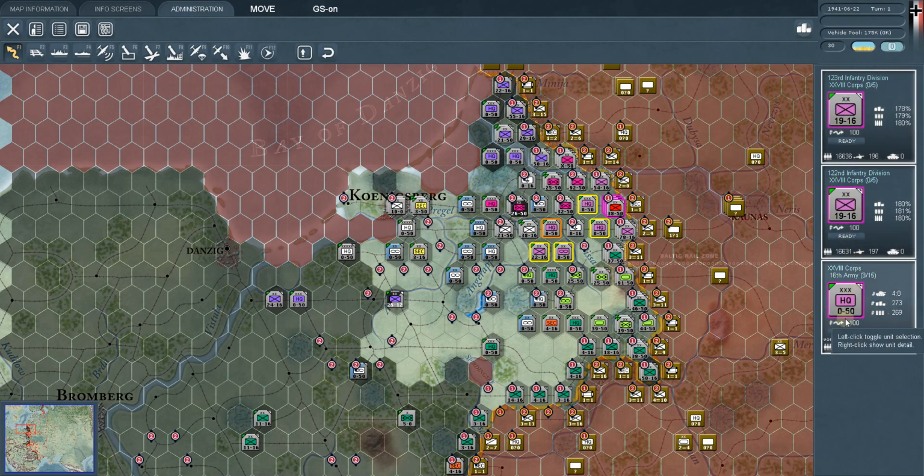Now, headquarters have zero, of course, but when units are stacked, it adds up their combat value: 38. So 19 plus 19 plus 0, 38. And it shows the highest movement points left for any individual unit. So we've got 16, 16, 50. It shows 50. It shows your highest movement points and it adds up combat value.